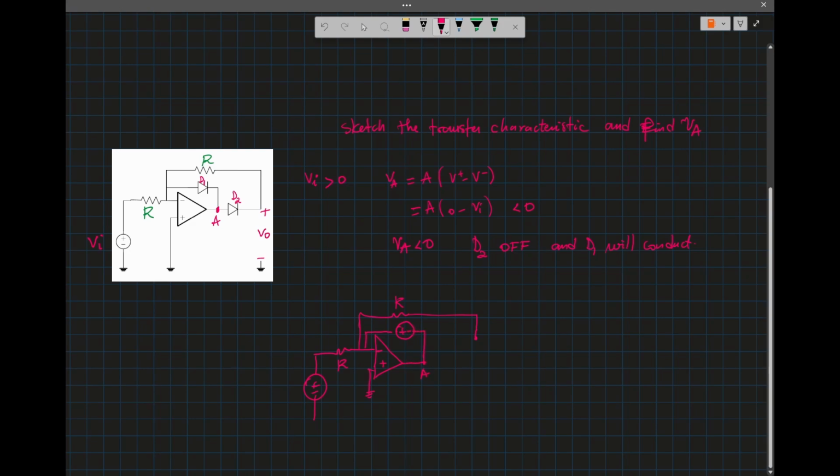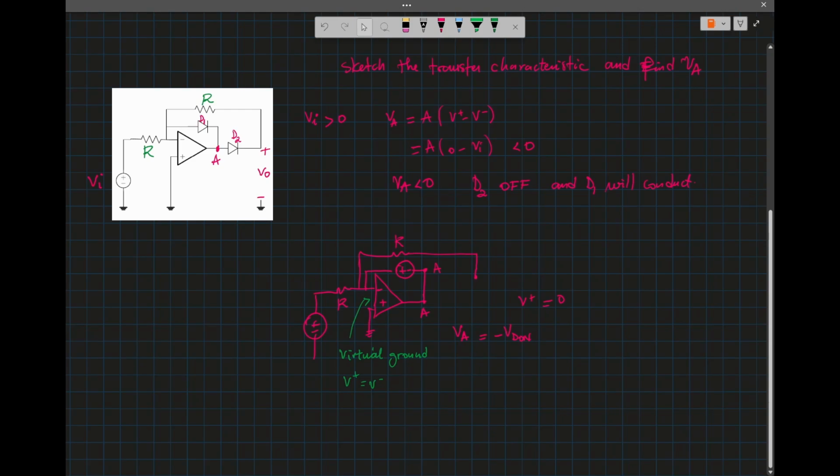This is point A. Because V plus is grounded, VA in this case will be equal to minus VD on. Point A is still there, from there to the virtual ground, because V plus equals V minus when you have feedback.